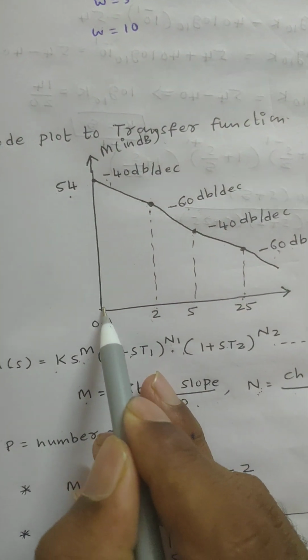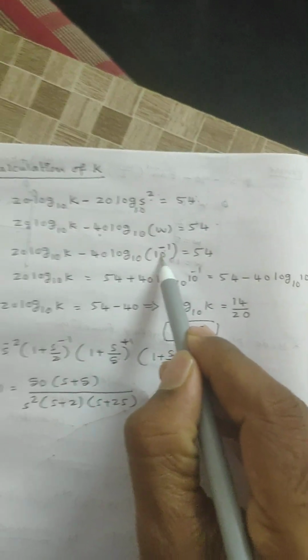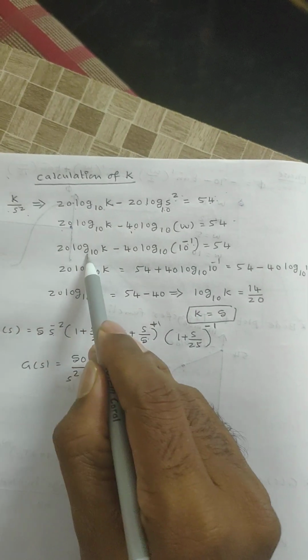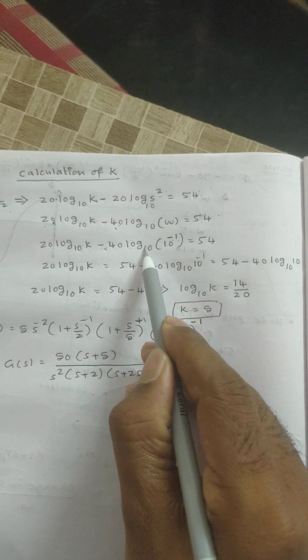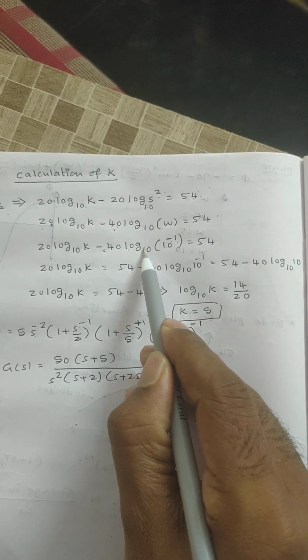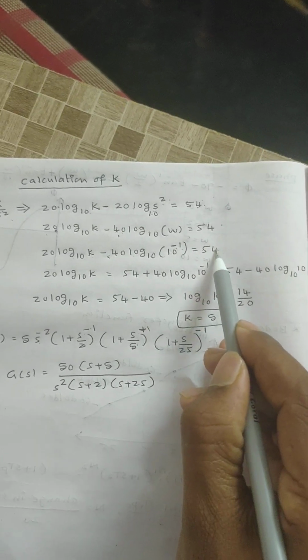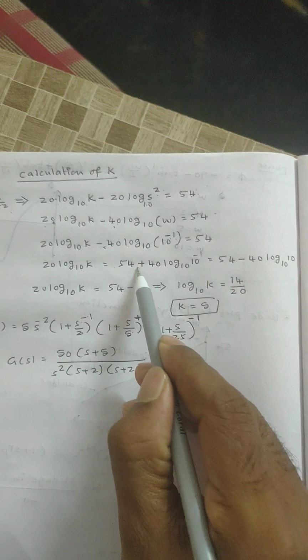Now see here, at this point what is the frequency given? 0.1, right? 0.1 can be written as 1 by 10, and 1 by 10 can be written as 10 to the power minus 1. That is 20 log base 10 k minus 40 log 10 to the power minus 1 is equal to 54.